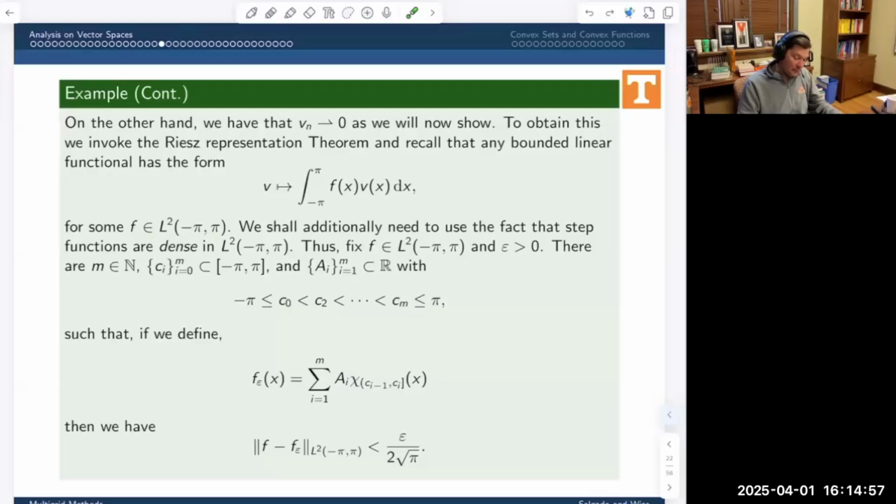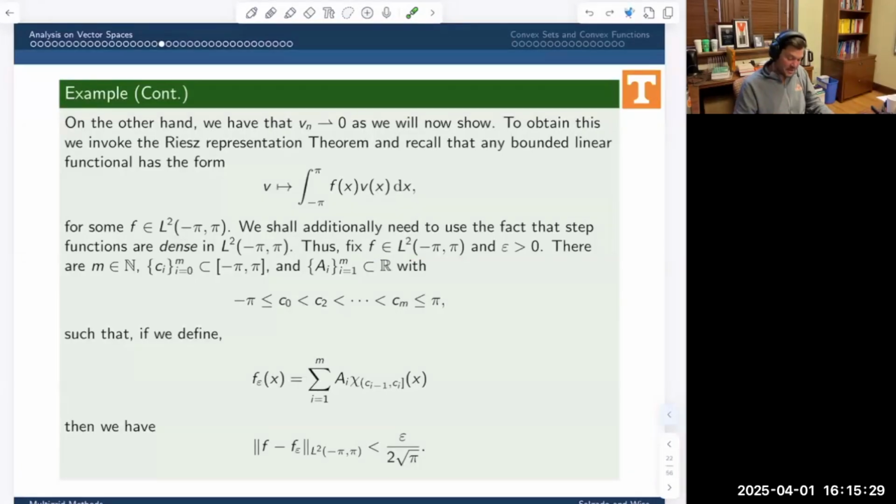Now we need a fact from measure theory that you may or may not recall. It says this: step functions are dense in L2. So if I fix f in L2 and I pick an epsilon, then I can always find a step function which is within epsilon in the norm away from f.